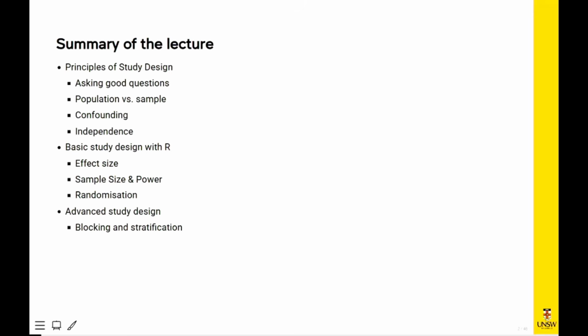I'm going to be using R, but R is not necessarily the package that you have to stick with when you are doing your study design and your analyses. It just happens to be what most of us use. And we'll talk a little bit about sample size and randomization, and a little bit about advanced study design, although I might talk too much to actually get to that part, but it's in here.